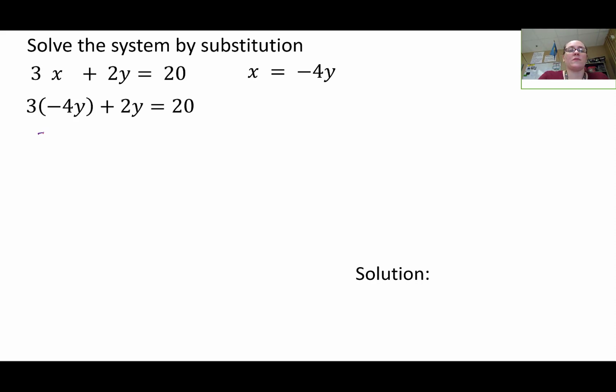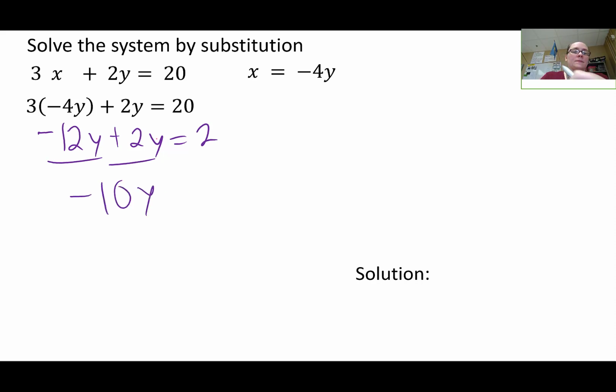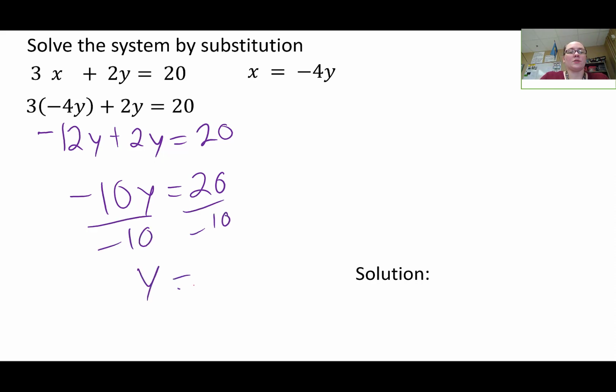So 3 times negative 4y gives me negative 12y plus 2y equals 20. Combine my like terms, giving me negative 10y equal to 20. Divide everything by negative 10, and I get y is equal to negative 2.